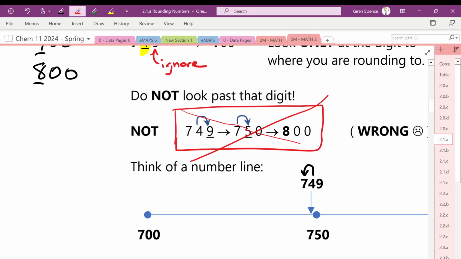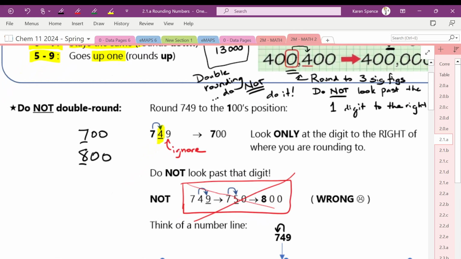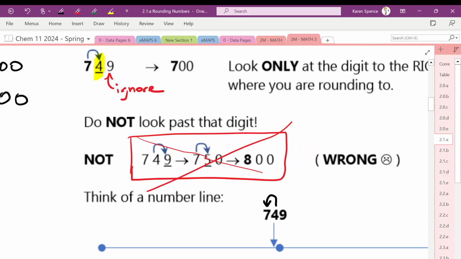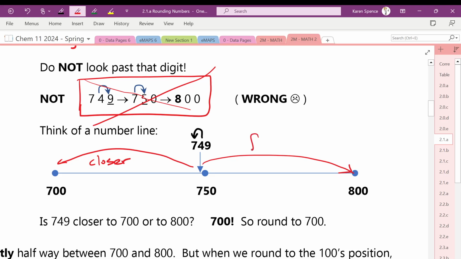So if it helps you to think of a number line, 749 is closer to 700, and it is further from 800. Does that make sense? That's why we don't double round.